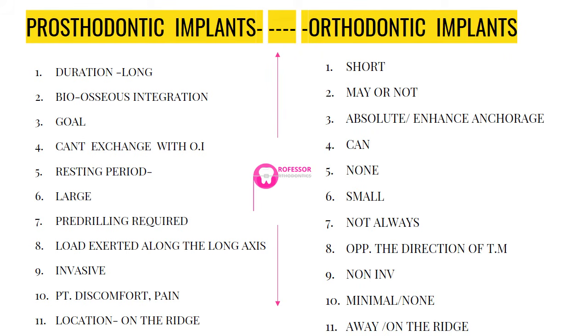So that's how the prosthodontic implant can play the role of an orthodontic implant at the same time. You need not add another orthodontic implant, at least on that side of the arch during the treatment.